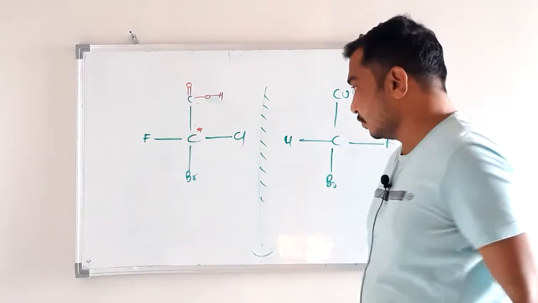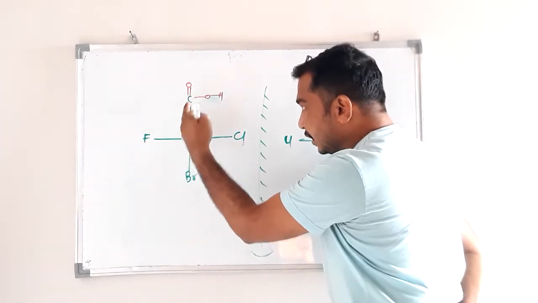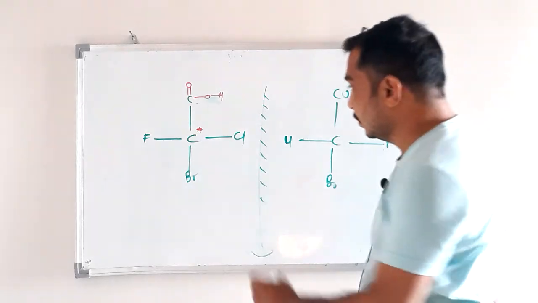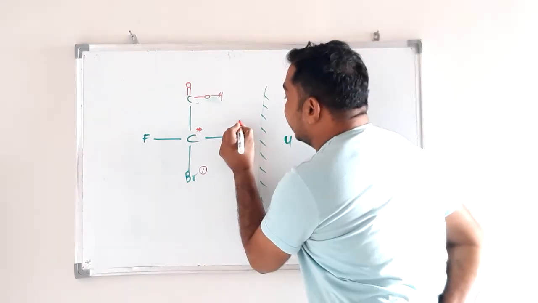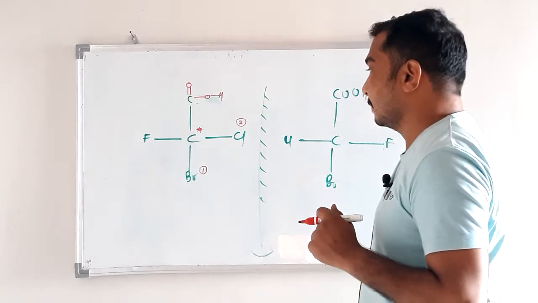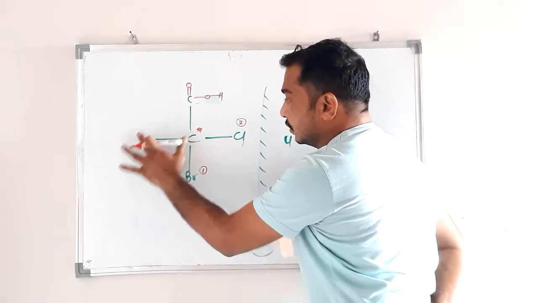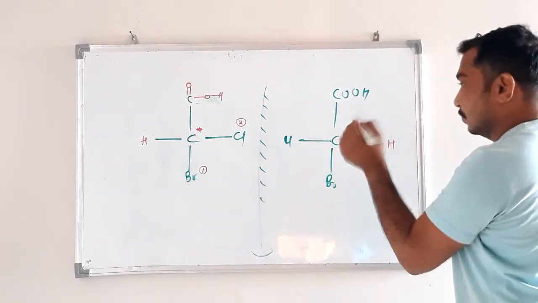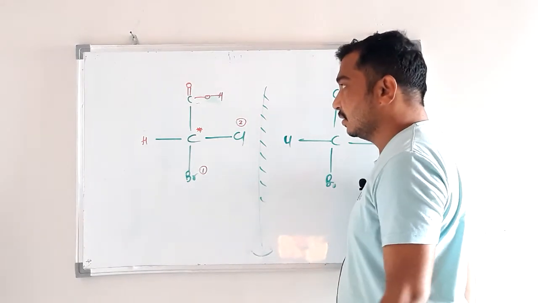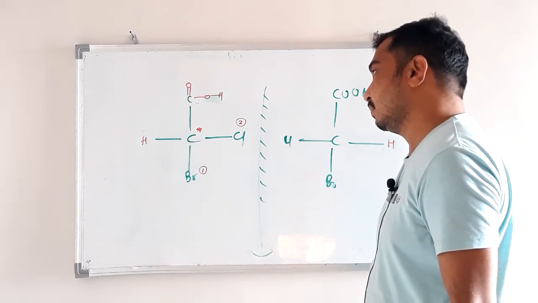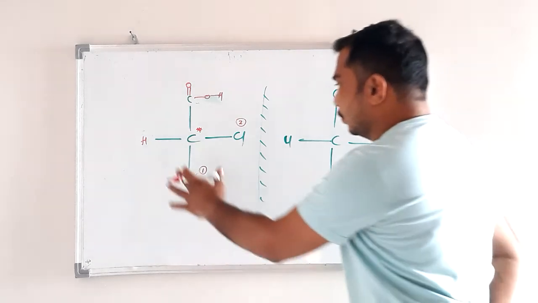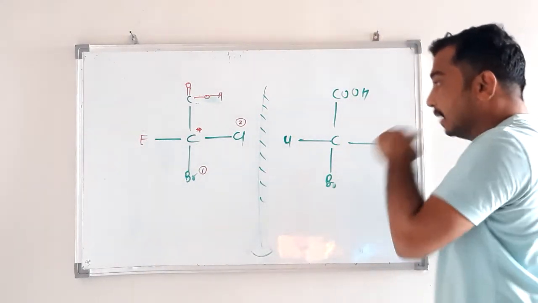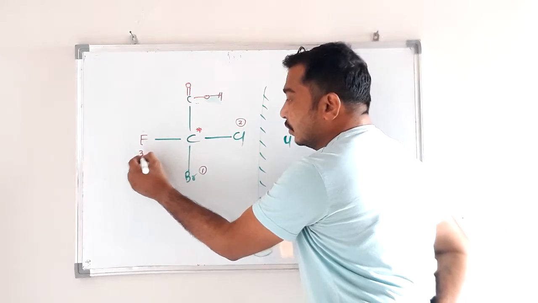Among these four atoms, the one with the highest atomic number is bromine, then chlorine. Then fluorine is third, and the carboxyl group, carbon, is fourth.